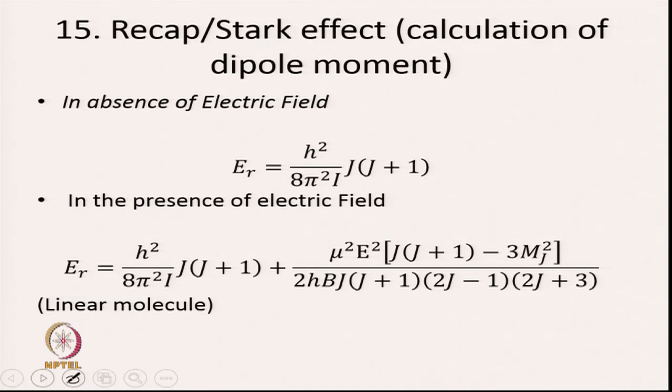For that, we know that in the absence of an electric field, the energy of rotational levels is given by h square by 8 pi square I, J into J plus 1, where J is the rotational quantum number.